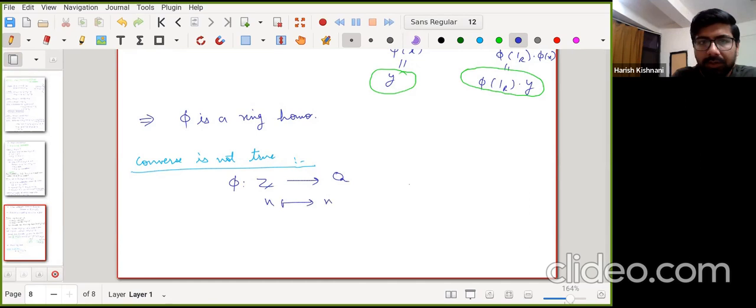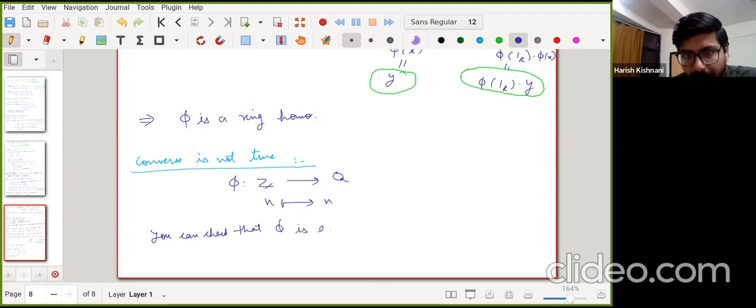You can easily check that phi is a ring homomorphism, but phi is not onto.